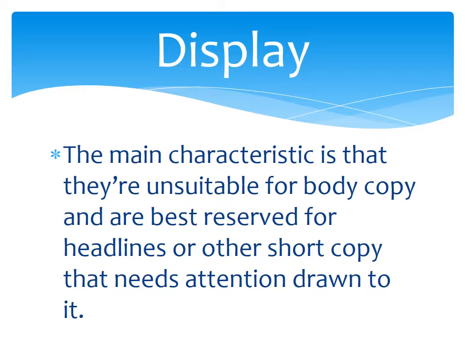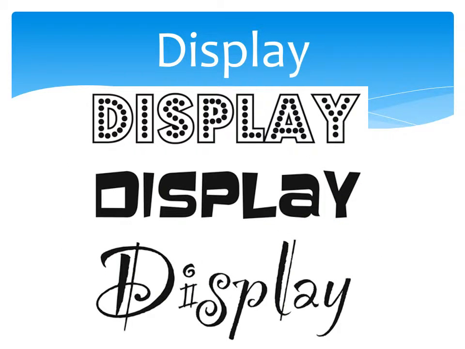So we're going to look at a few examples. And here they are. These three examples right here are for display only. You would not want to use those in any kind of body text whatsoever. They would be very hard to read if you were to use them in a large amount. So think about this first one up here with the dots on it.